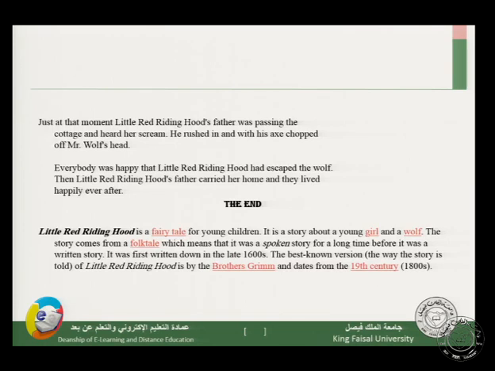And in this ending, everyone was happy that Little Red Riding Hood had escaped the wolf. Then Little Red Riding Hood's father carried her home, and they lived happily ever after. And that is also one of the main characteristics of most fairy tales and folk tales and stories for children.